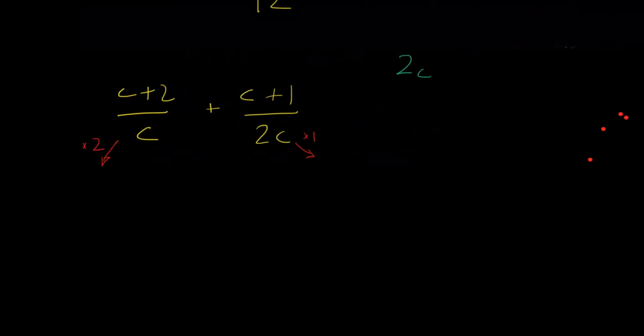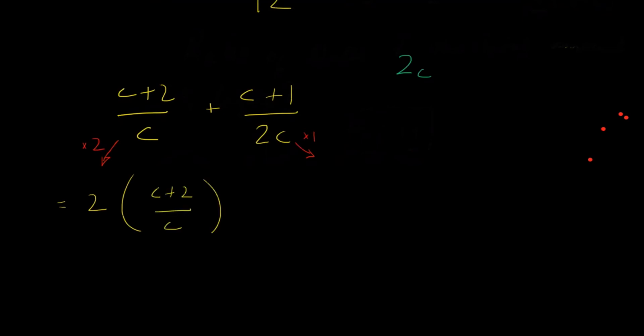So let's rewrite this, ladies and gentlemen. I'm going to put a big 2 outside, a big bracket, c plus 2 over c plus, this remains the same. So let's rewrite this. What is 2 times c?